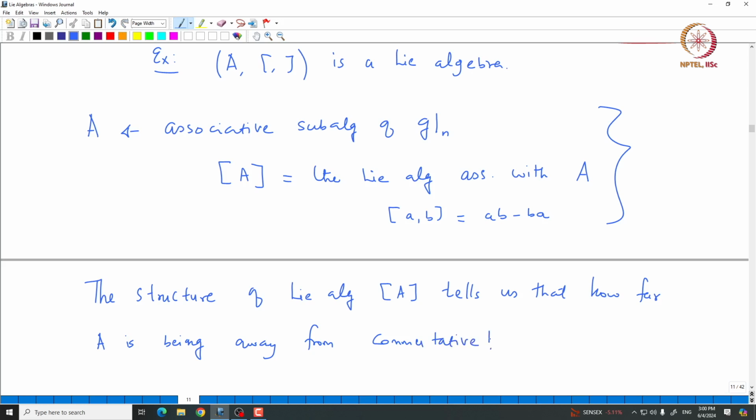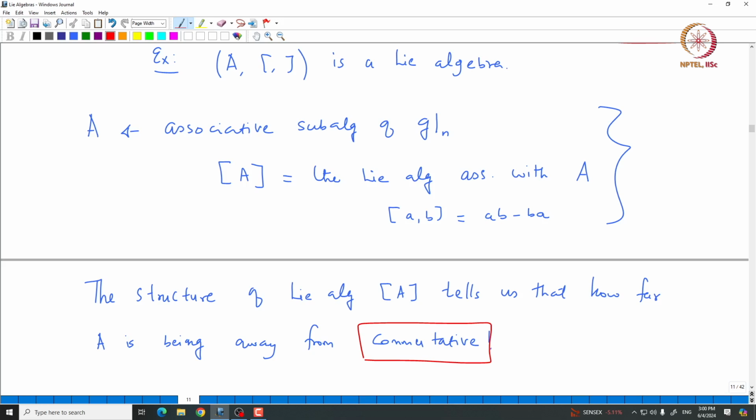In algebra, most of the time it is important to know how far an associative algebra is away from being commutative. Indeed, this Lie algebra gives us a tool to measure that. There are many classes of Lie algebras one can define, and we will be defining them later: solvable Lie algebras, nilpotent Lie algebras, semi-simple Lie algebras, and simple Lie algebras.